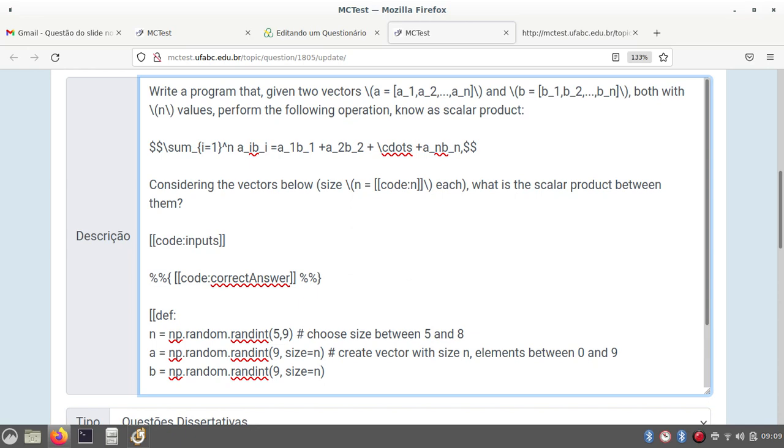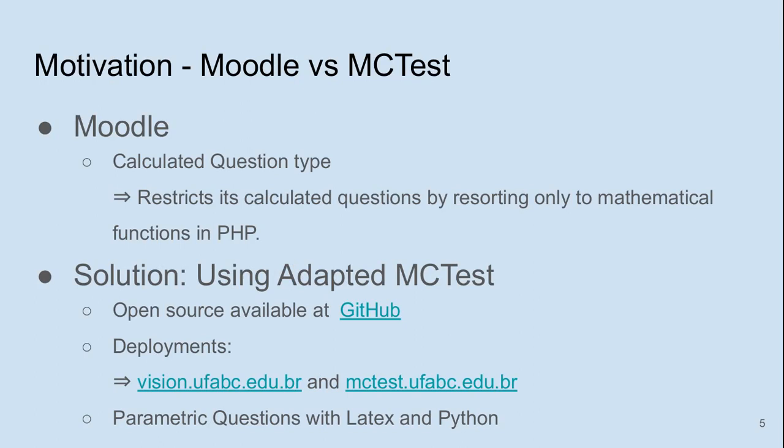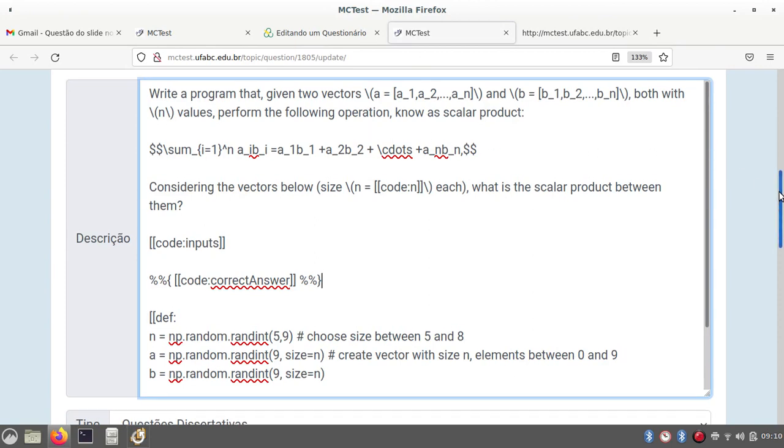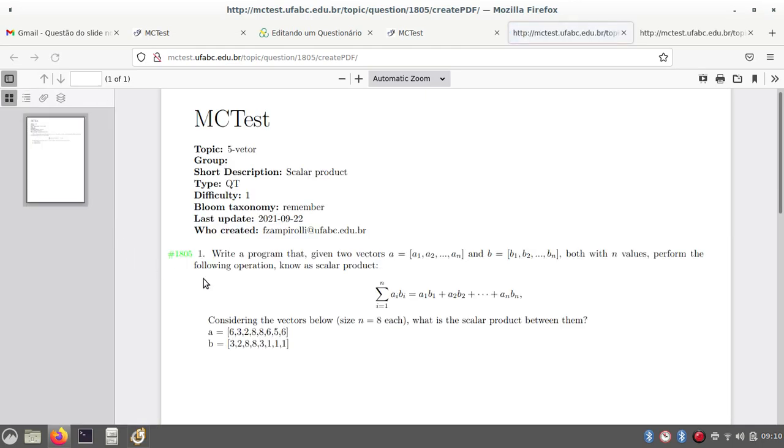At our university, we have been accessing MCTest and their adaptations at two addresses. This one for developers and this one for users. Here you can see how to write, modify, and visualize a question on MCTest. Every time you generate a question, values will change.